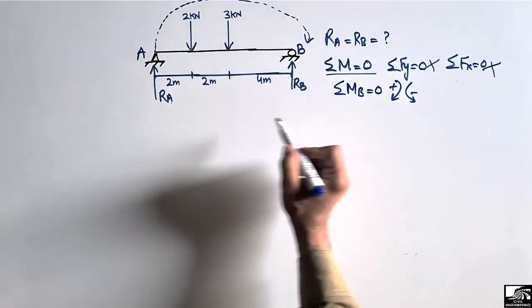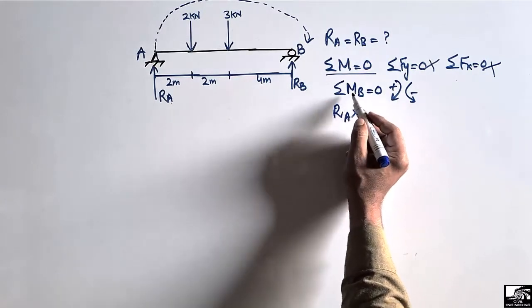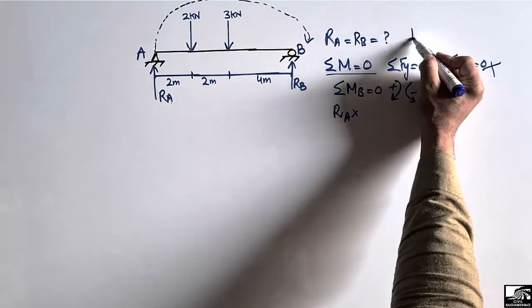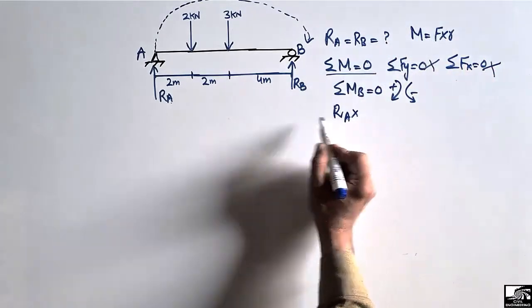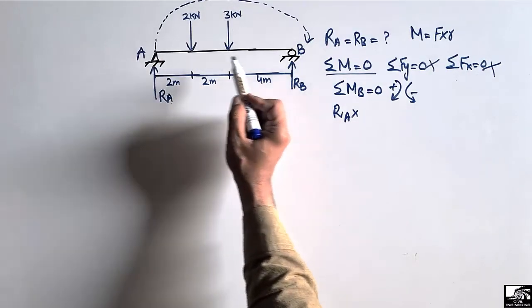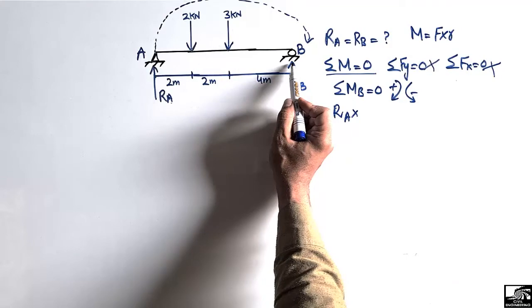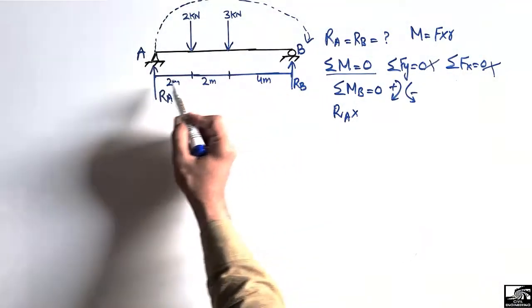So it will be RA multiplied with the moment arm, because moment is equal to the force into moment arm. The moment arm is the perpendicular distance from the load up to the point where we want to find the moment. So the moment arm is the distance from A up to B, which is 8 meter.